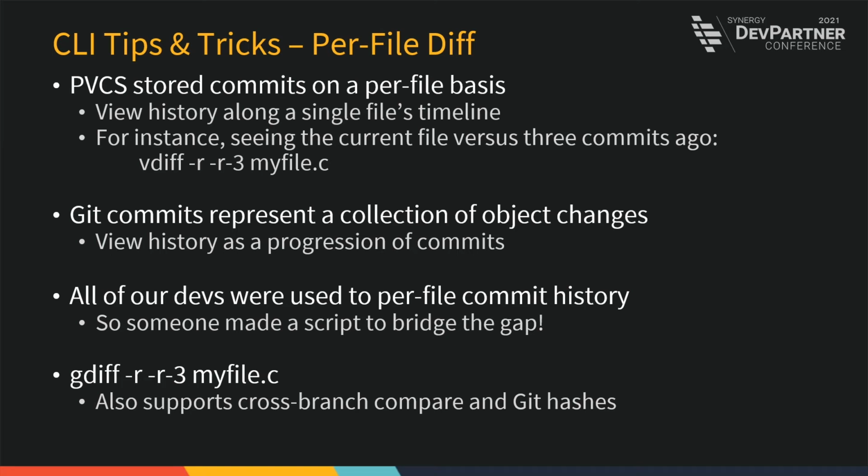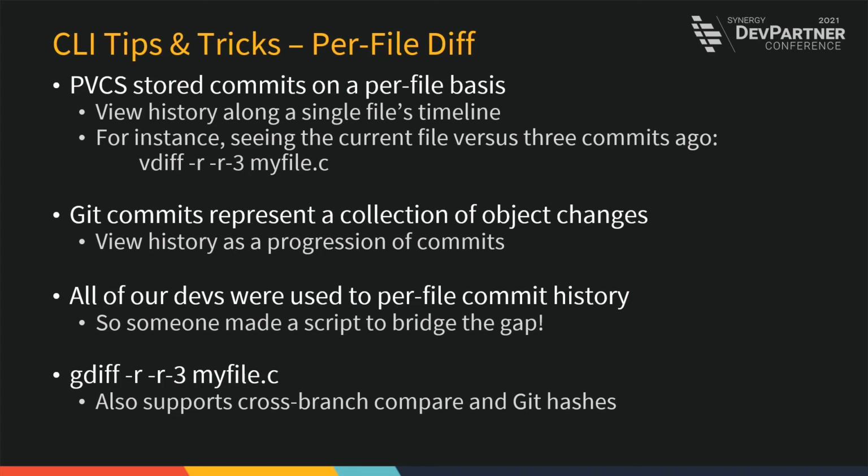For example, if you wanted to compare the current version of a file against a revision 3 revisions ago, you would type something along the lines of vdiff -r -r-3 myfile.c. I actually think this kind of syntax is super helpful when operating at the command line, and you might see why this could be a hard habit to break.